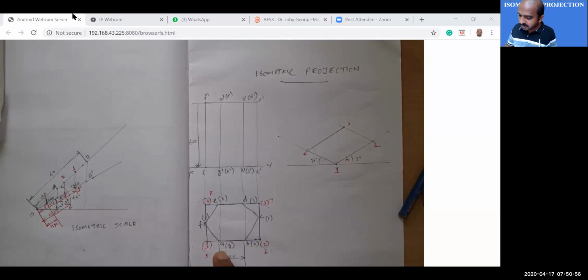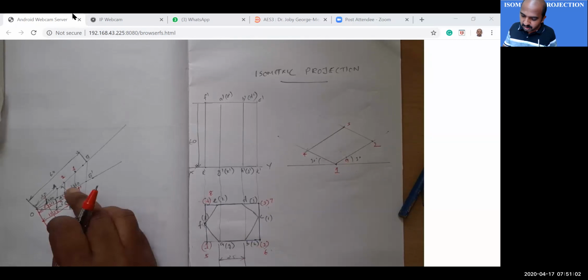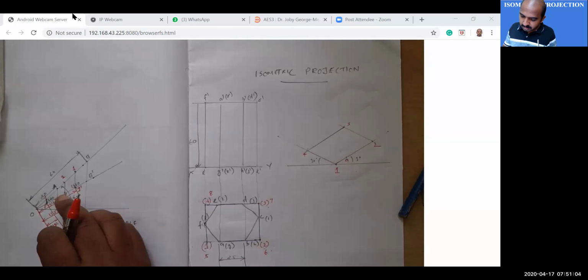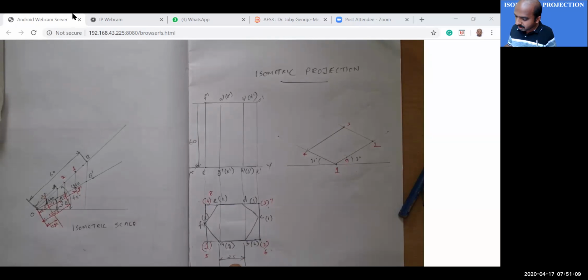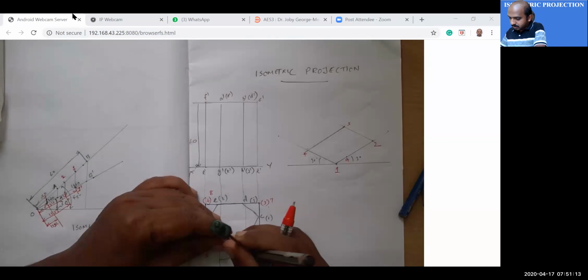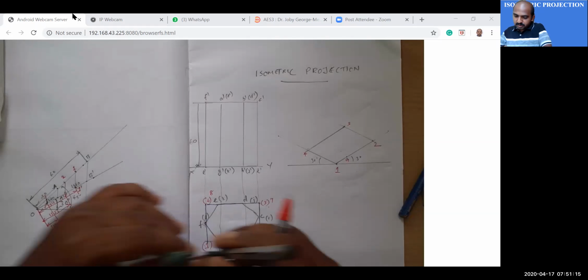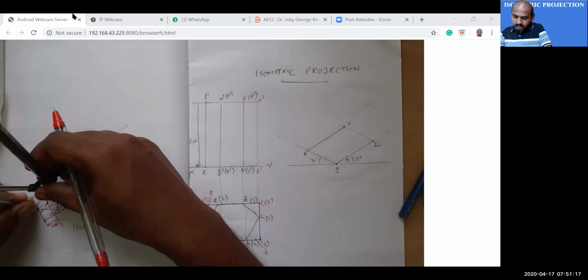Then which is the next distance? G to H. You know G to H is 25. You already found this out, or you can find the isometric length corresponding to 25. So you measure this distance G to H, then mark it here.